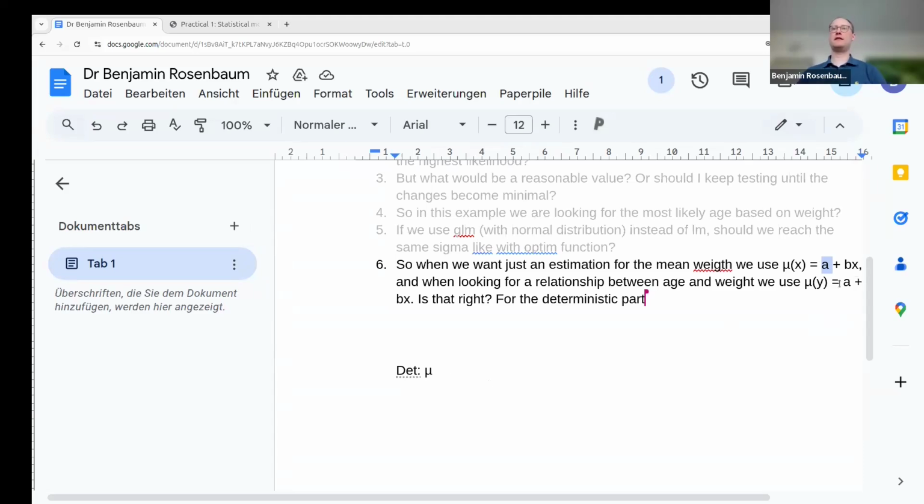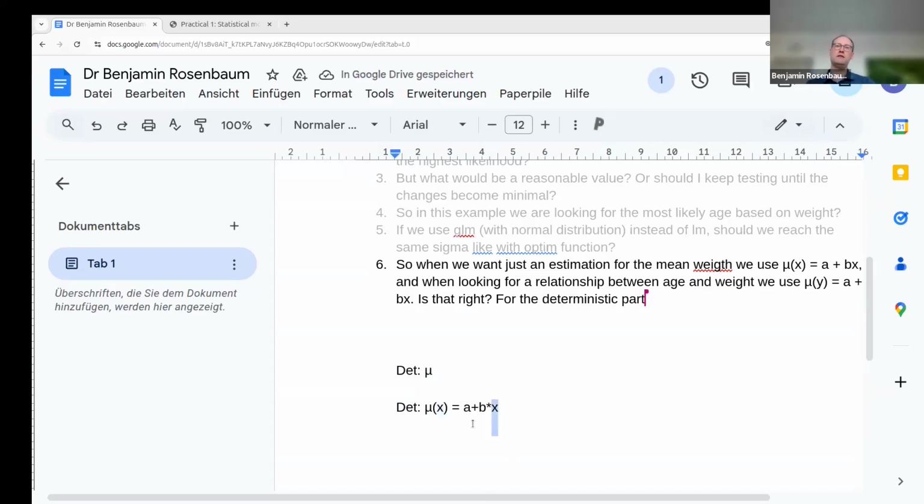And for the second part, the deterministic model was then a function of the predictor x, which is a plus b times x. Right, so here, this is a function of x.